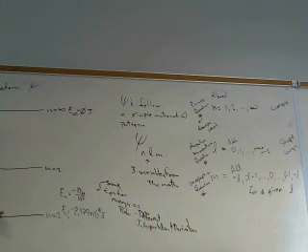And so we go from minus 2.179 times 10 to the minus 18 joules to 0 joules. How many allowed energy states are there? Infinite. And so I have to draw an infinite number of lines.